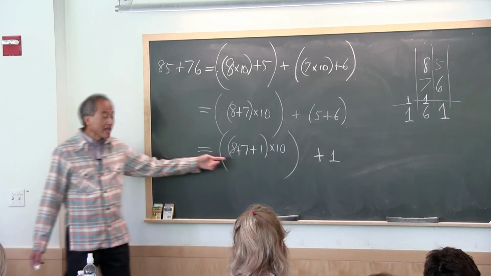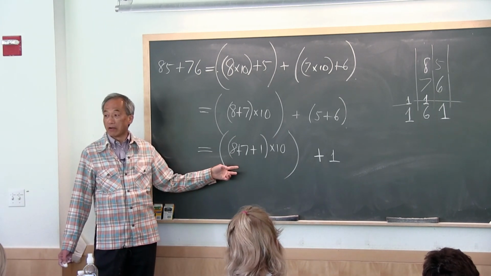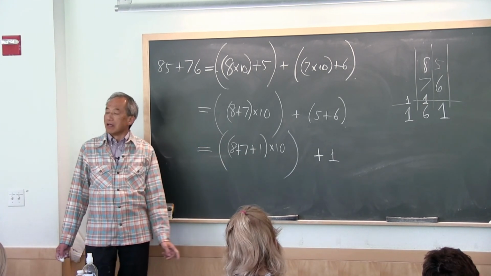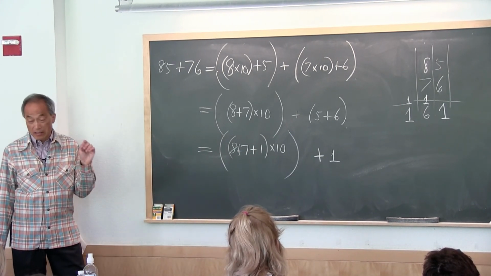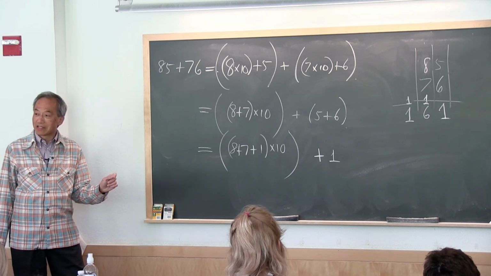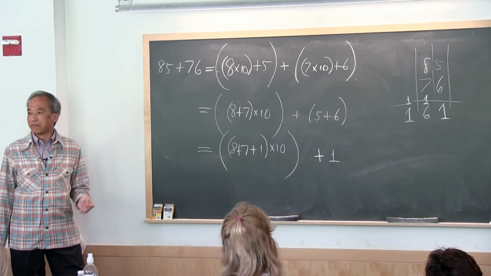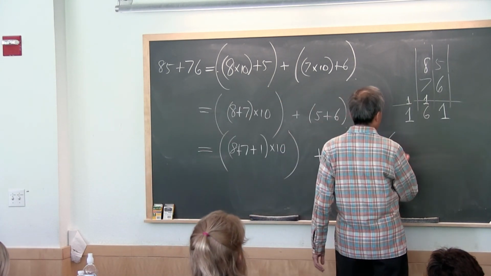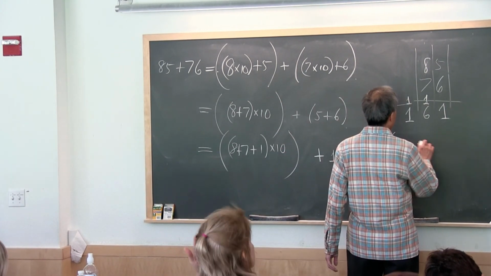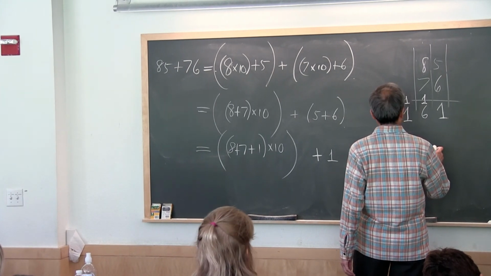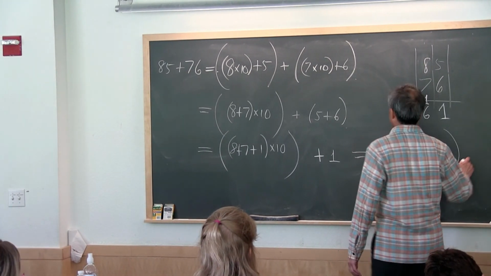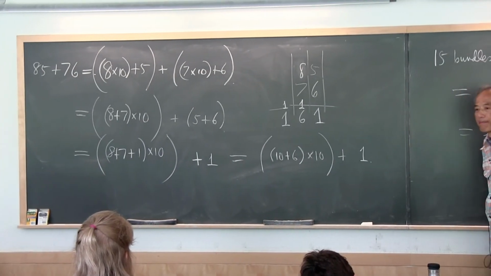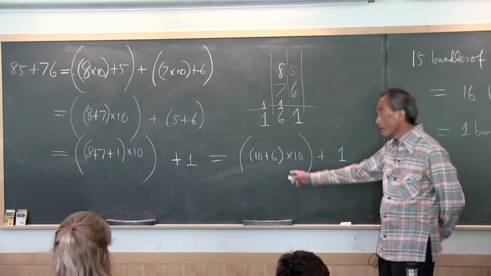And now you recognize, at this point you can simplify, right? This is 16 of those things. 16 of those things is 10 tens and 6 tens. So it's equal to 10 tens and 6 tens. And then by the distributive law, now you backward distribute.